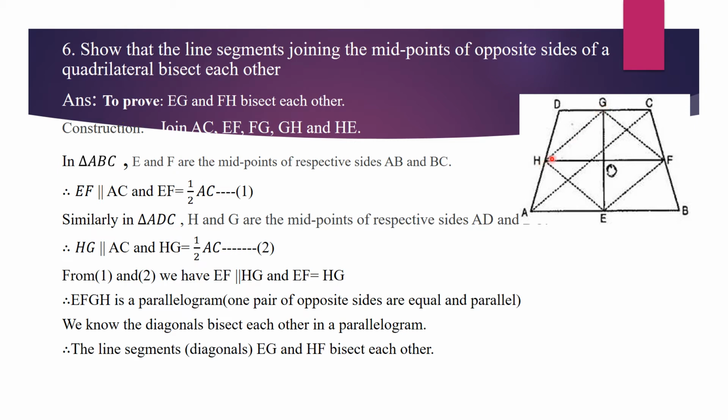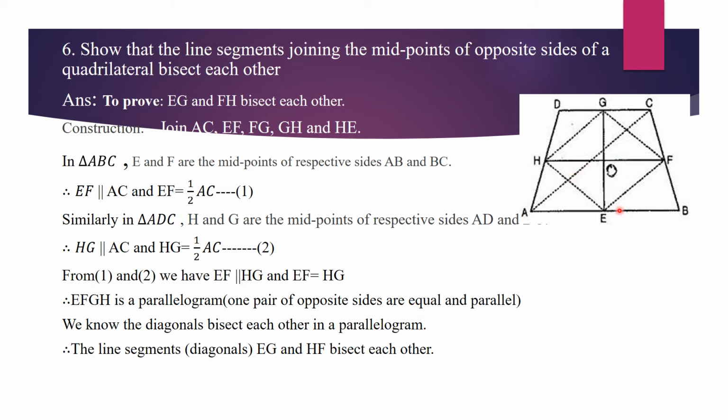We can write HG is parallel to AC and HG is half of AC, that is equation number 2. From equation 1 and 2, we can write EF is parallel to HG and EF is equal to HG. Therefore, we can say EFGH is a parallelogram since one pair of opposite sides are parallel and equal.